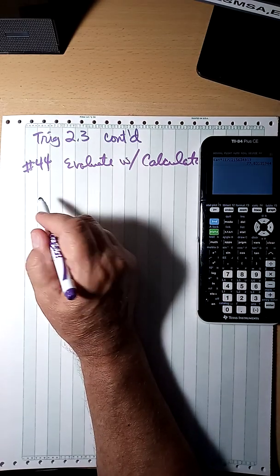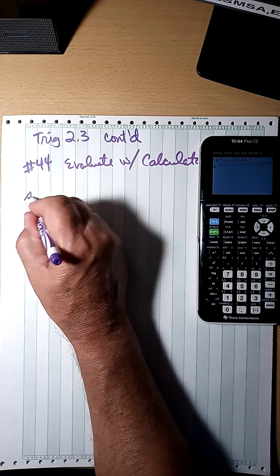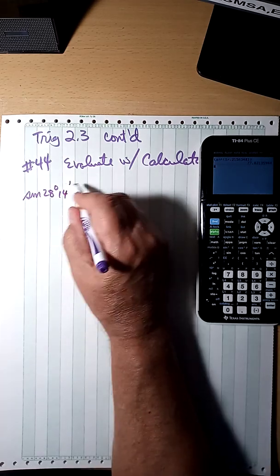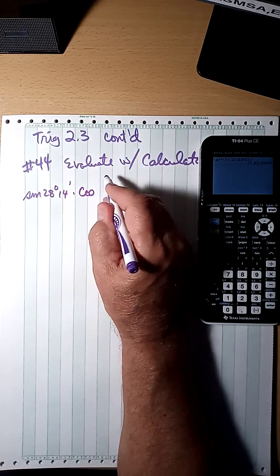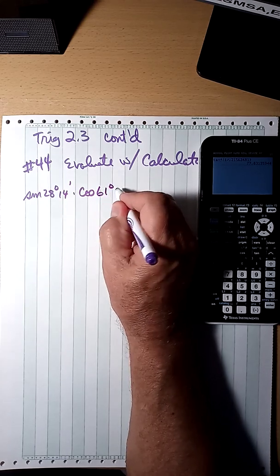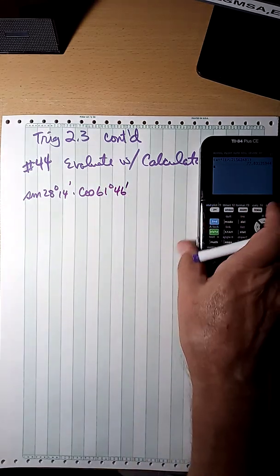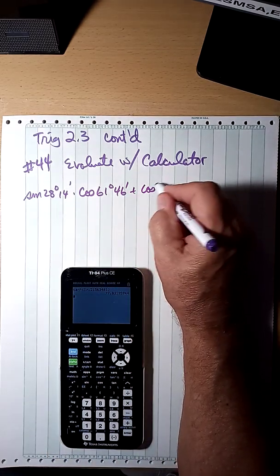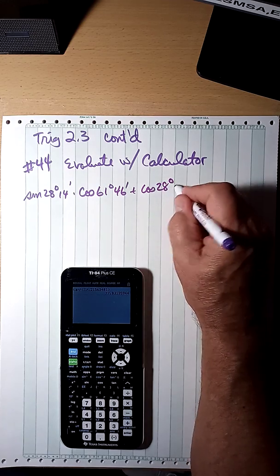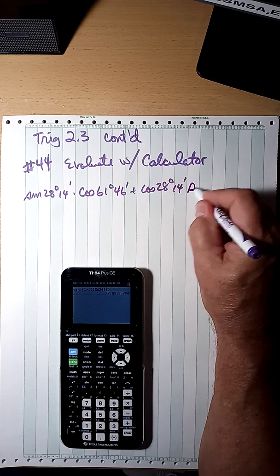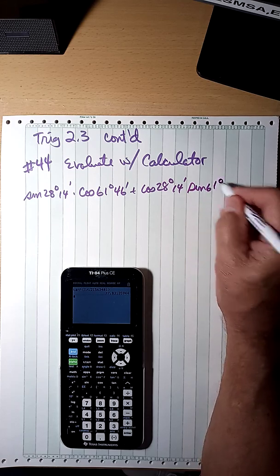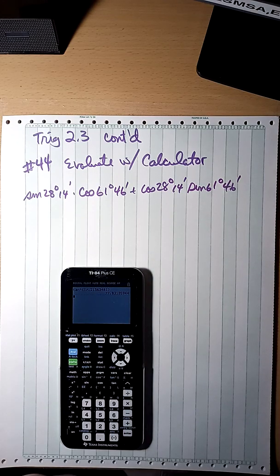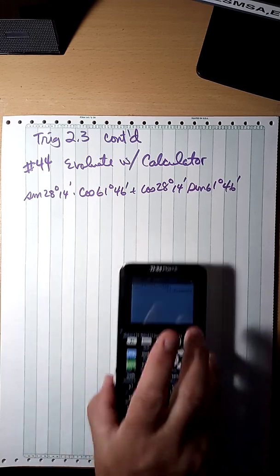Okay, for 44, the sine of 28 degrees 14 minutes times the cosine of 61 degrees 46 minutes, plus the cosine of 28 degrees 14 minutes times the sine of 61 degrees 46 minutes. Okay, evaluate this thing with a calculator.